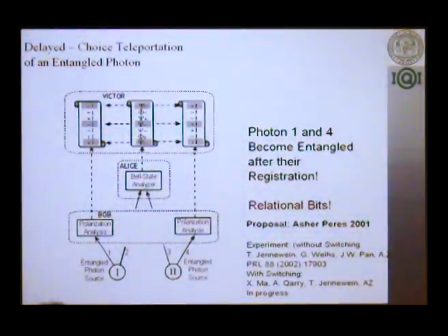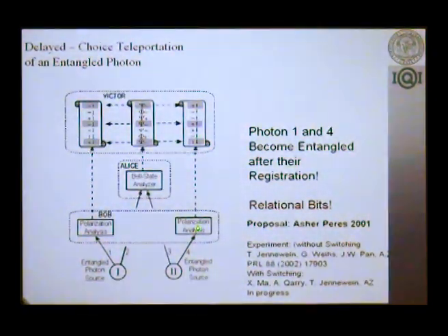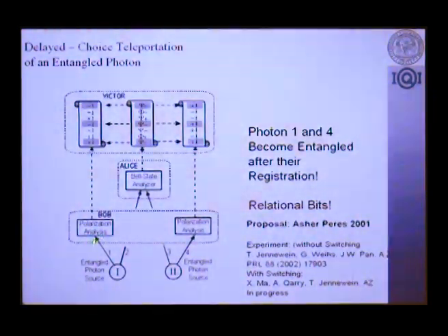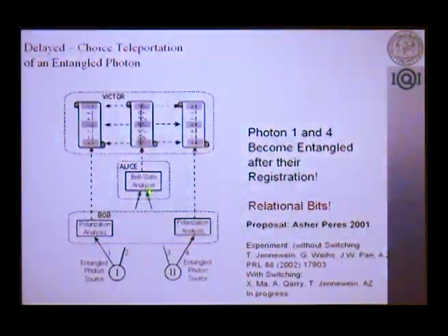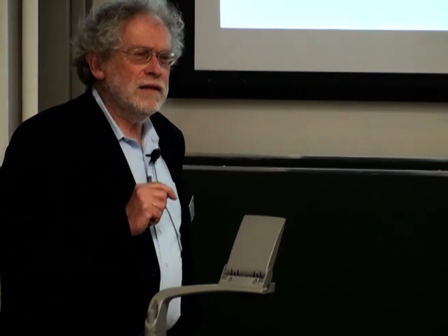And it has been pointed out by Asher Peres, it was a nice proposal by him in 2001. You could actually have the following: you register these two photons at some time, and at a later time, you decide whether you project these on an entangled state or not. So at a later time, you can decide whether the two photons, which have already been registered, have been entangled or not.